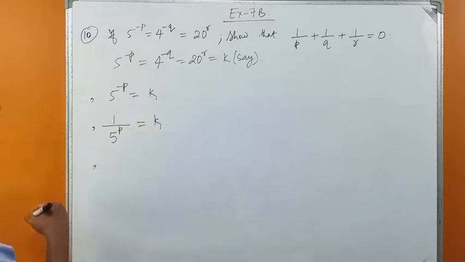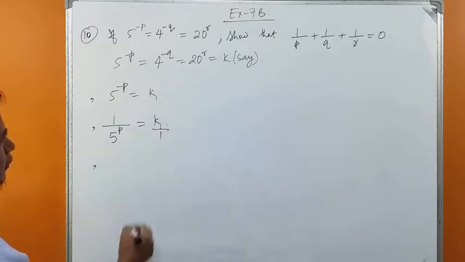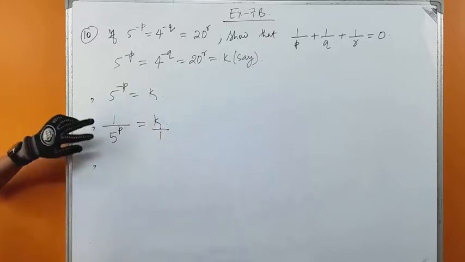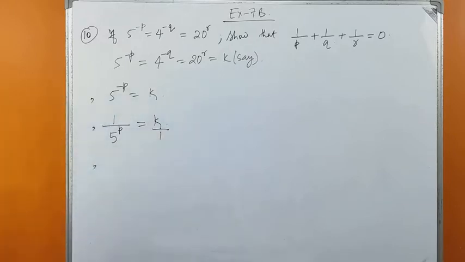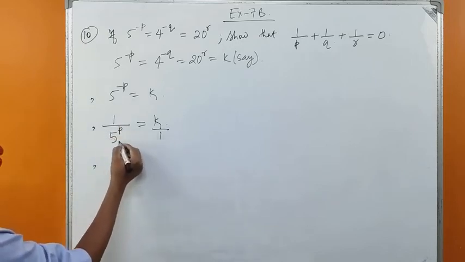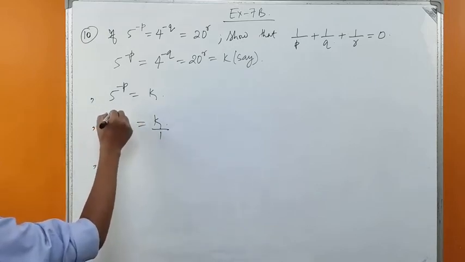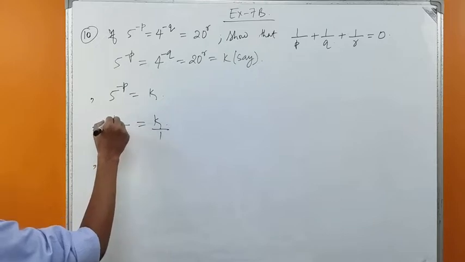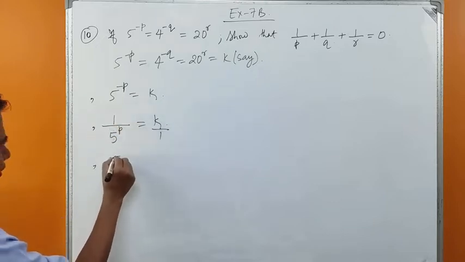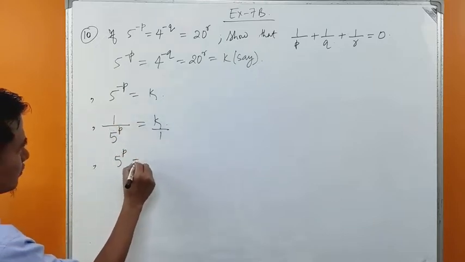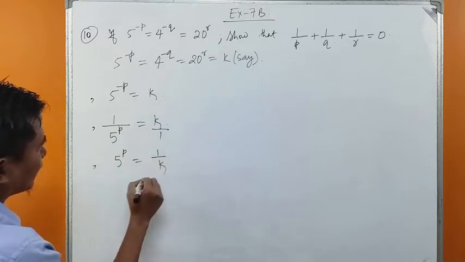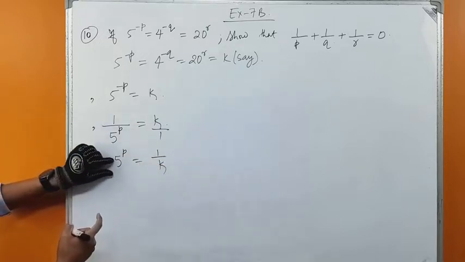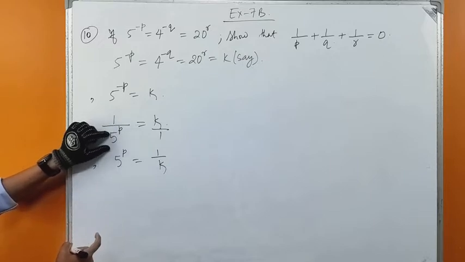Now we have 1 in the denominator of k, so we invert this. We apply invertendo, which means the number from the denominator goes to the numerator, and the number from the numerator comes down to the denominator. 5 to the power p becomes 1 upon k. Here the sign of the power does not change.